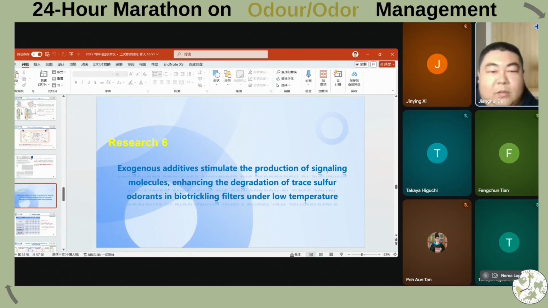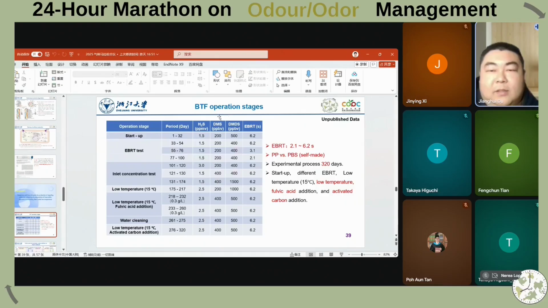In the next work, we try to add extraneous additives to simulate the production of signal molecules, to enhance the removal of trans sulfur odorants in BTF at low temperature. This is the BTF operation stage.